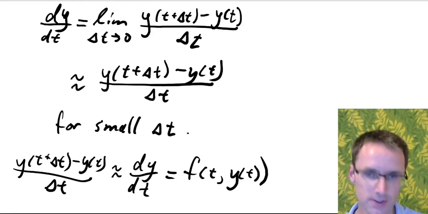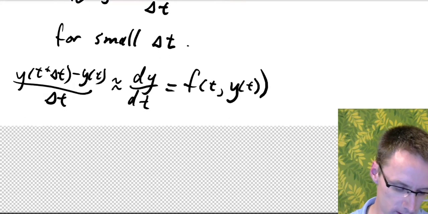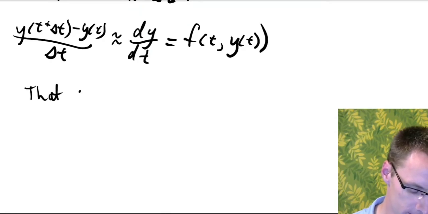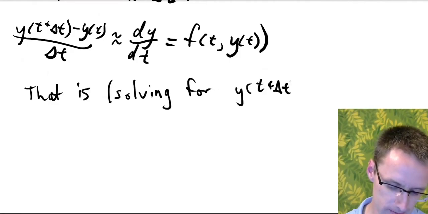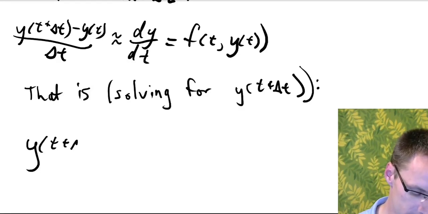This gives us an update formula for our solution. So let's see how this works. Here we're solving for y at t plus delta t.